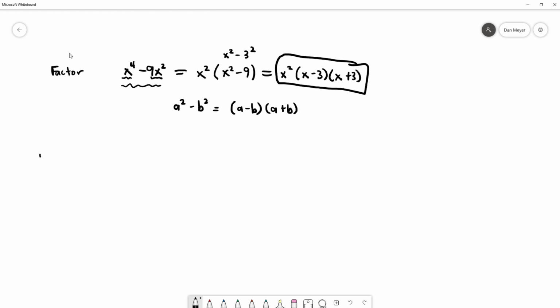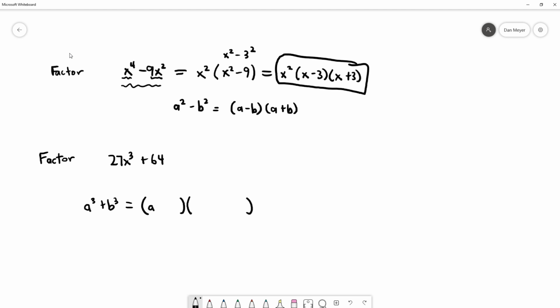And then one where we can practice our sum of cubes: factor 27x cubed plus 64. So the sum of cubes formula, a cubed plus b cubed. I think I showed you guys this the other night, the SOAP thing.